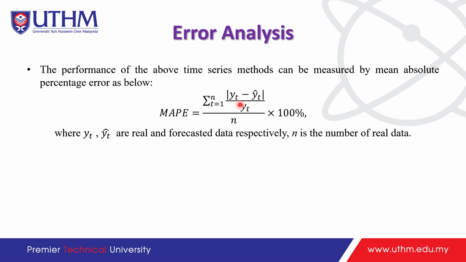Since our real data is non-negative, you do not need to put the magnitude. So this is the relative error, summed from t equals 1 until n, divided by n to get the average, then multiplied by 100% to get the mean absolute percentage error. Absolute because of this part, percentage because of this part.